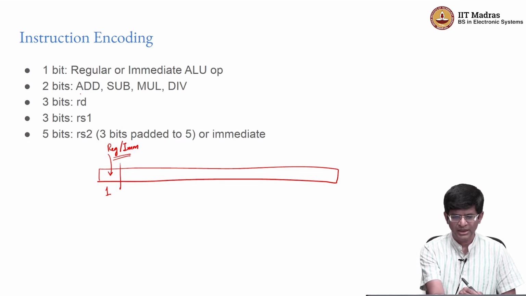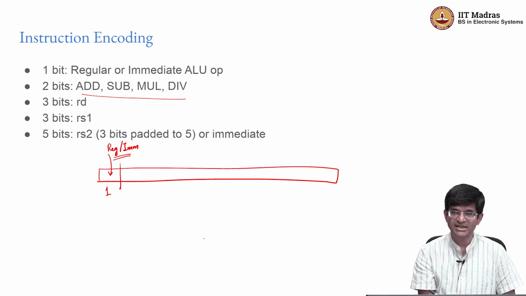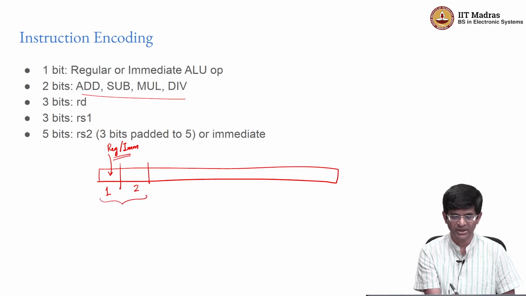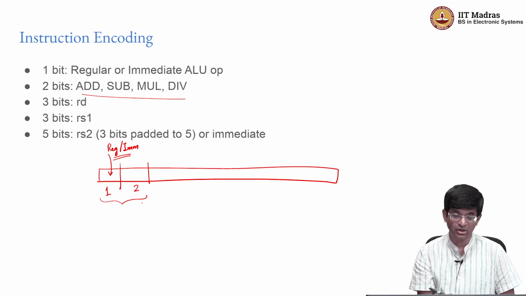Now, assuming that I have these 4 instructions add, sub, mul, div, I would need 2 bits for encoding the operation, which means a total of 3 bits, which basically tell me whether it's an ALU operation and also whether it's immediate or register.